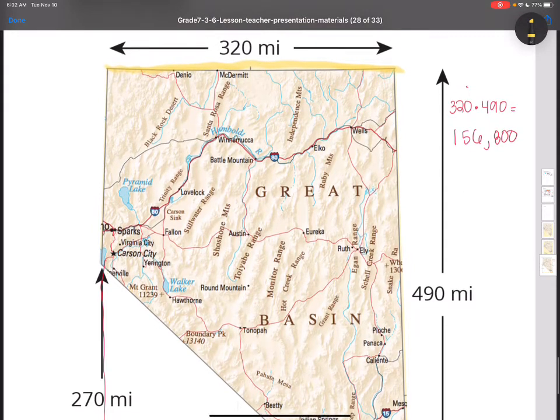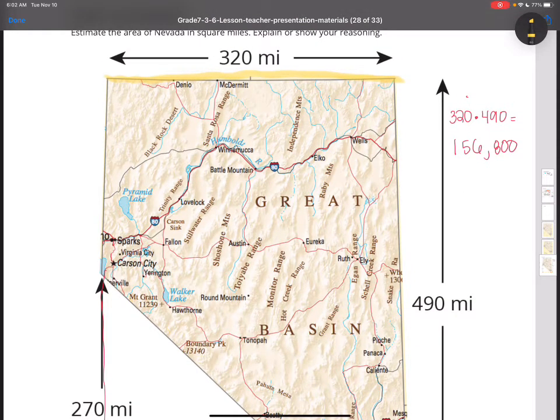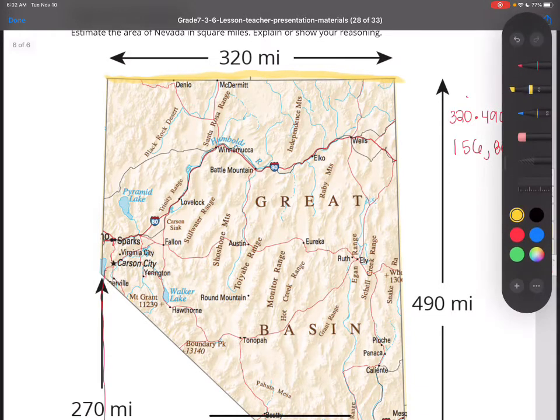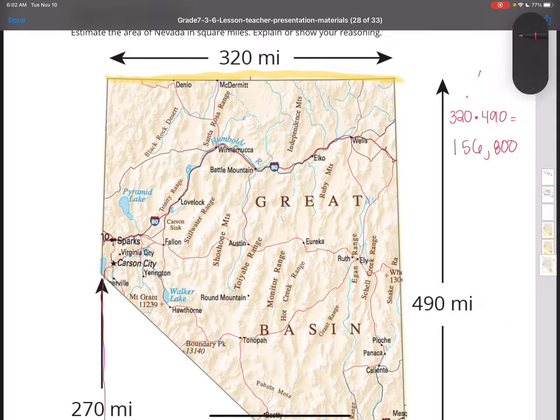So we need to know the formula for a triangle, which is 1/2 times base times height. I discussed that in the last exercise, so if you're interested in seeing why it's 1/2 times base times height, make sure you go visit the last video.